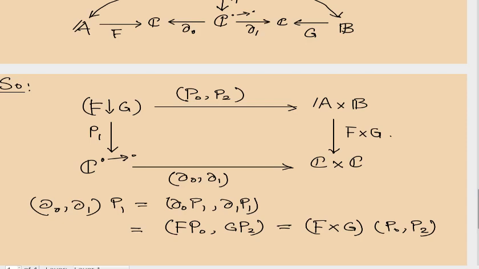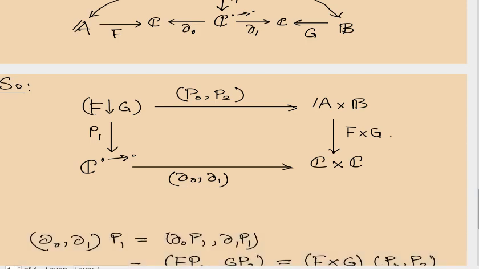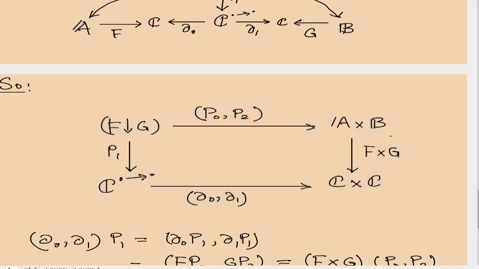Now suppose I have another, let's look into that universality again. Suppose I have another category X, and I have the functors as I have told.